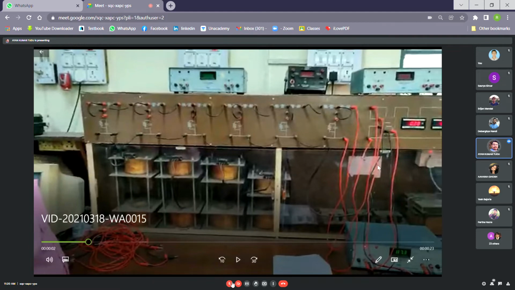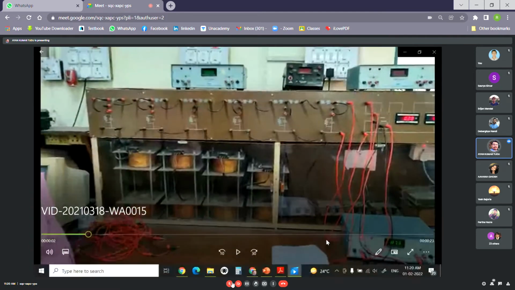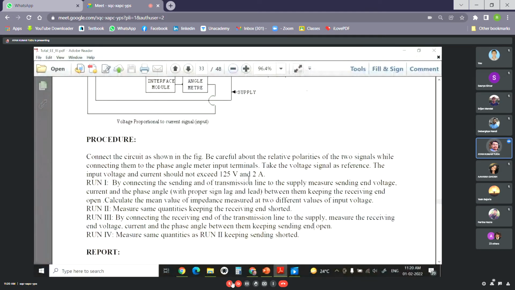If you see the manual, first of all the supply will be at the sending end of the transmission line, keeping the receiving end open.